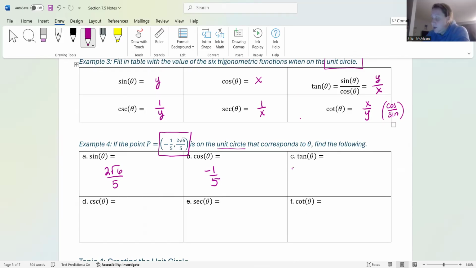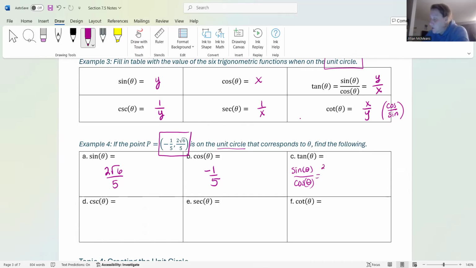Now, tangent's a little bit more complicated. We know that tangent is sine of theta divided by cosine of theta. You could try to draw a triangle in the Cartesian plane that has this point, figure out what the third side of the triangle is, find all 3 sides, and then find the ratios. But we actually have enough information here.